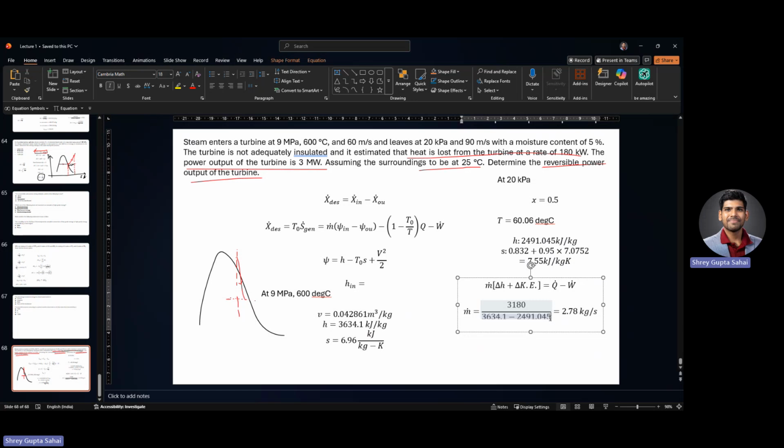This will be delta H plus delta K, which is V square by 2. That I have not done. Let me do that also.